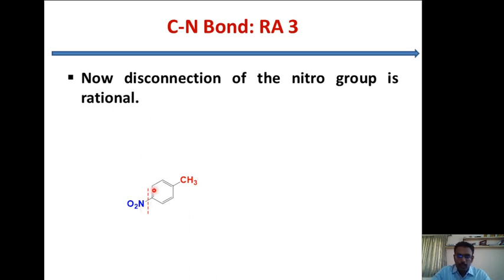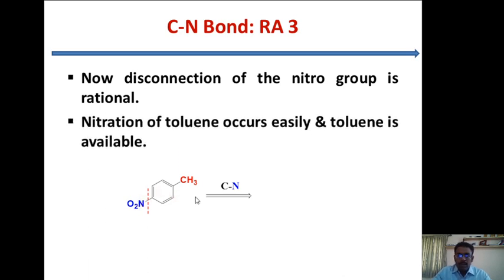Yes, the reaction is known, the nitration on the aromatic ring. In UG you have done the nitration, and in PG also you have done the nitration in the laboratory. Simple nitration we can do. So we are breaking the CN bond in the retrosynthetic analysis. Nitration of toluene occurs easily, and toluene is already available. So we arrive at an available simple molecule, that is toluene.